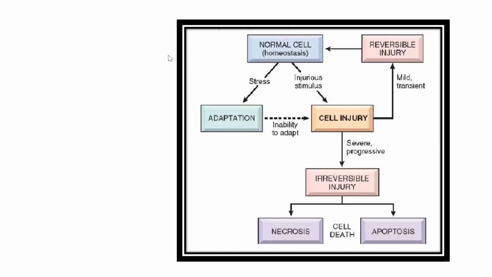If the cell injury is mild transient, then it reverses and it is recovered by our body, and it will reform to the normal cell. And severe progressive is the irreversible injury, and that irreversible injury is called necrosis or apoptosis. That is called cell death.